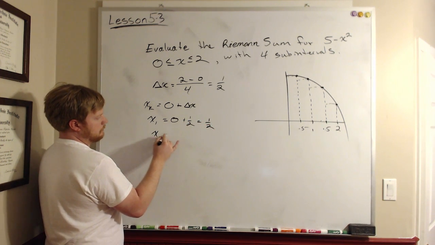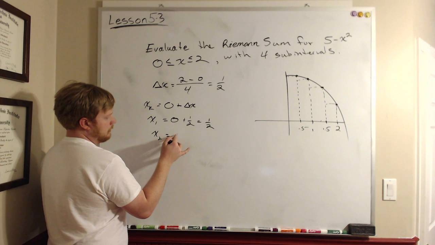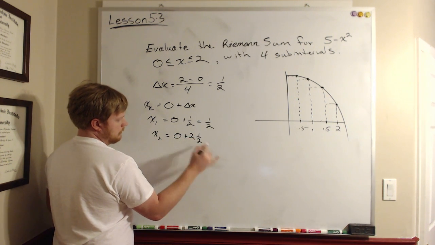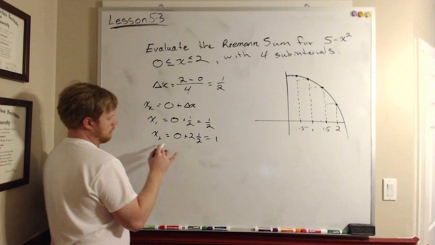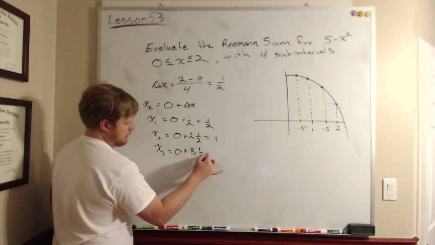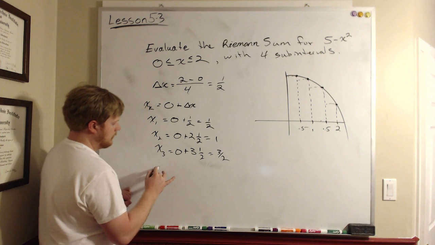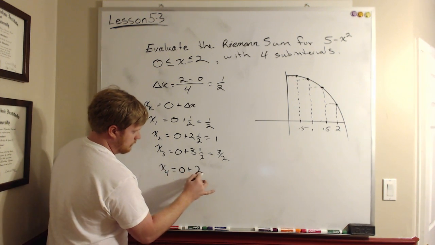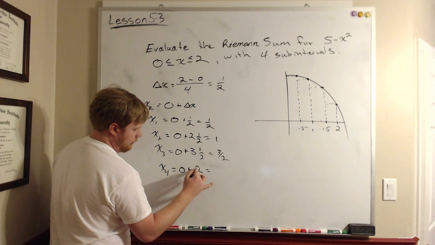X sub 2 is going to be 0 plus 2 times 1/2, which is 1. X sub 3 is going to be 0 plus 3 times 1/2, which is 3/2, and so on and so forth.